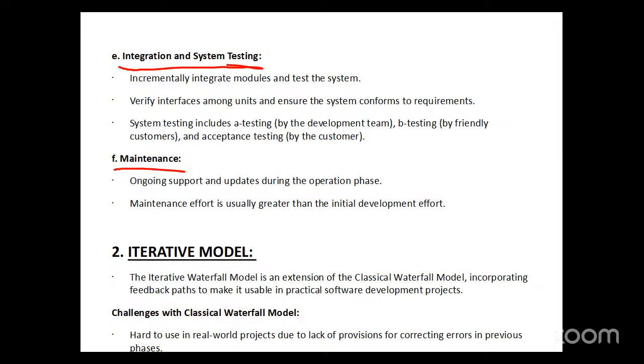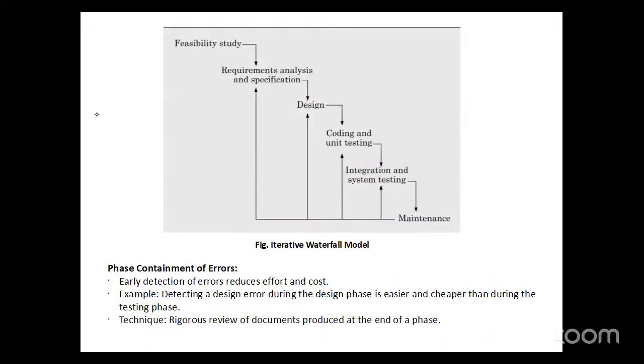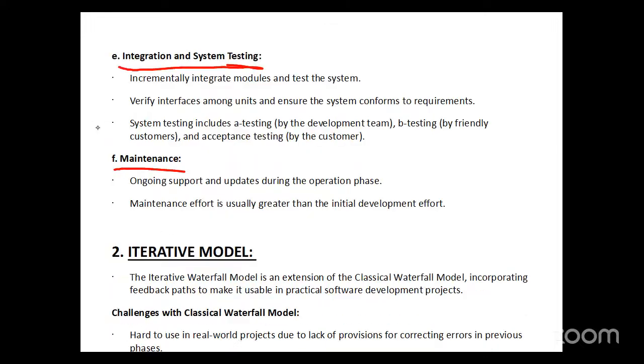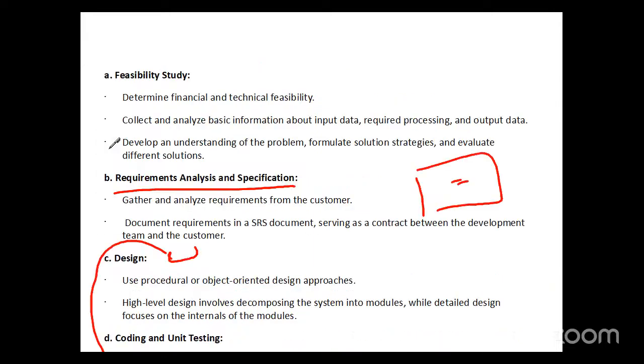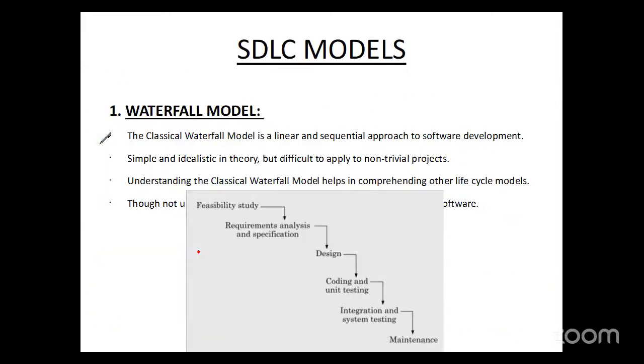These are all called your waterfall model steps. All these steps, from the feasibility study till the maintenance, at each and every phase, we are following a set of actions. Those actions in these particular phases are our complete SDLC model of waterfall.